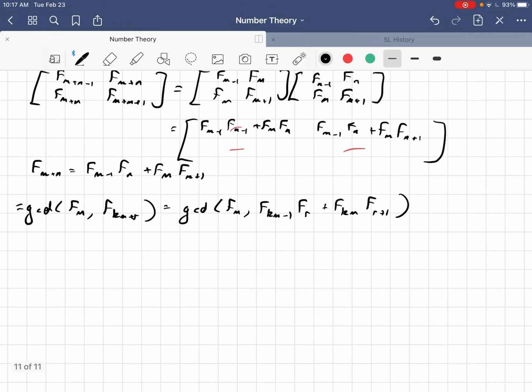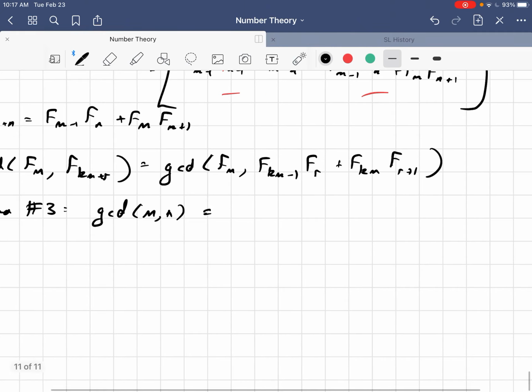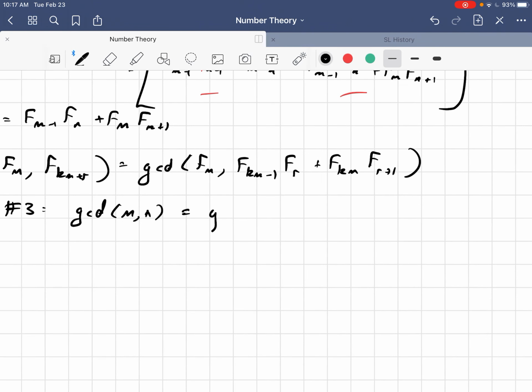Now what I'm going to note, and this is going to be lemma number 3, is that the GCD of m comma n is equal to the GCD of m comma n plus or minus km. I'm not even going to go through a proof of this.